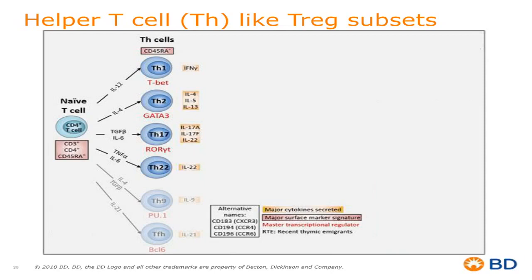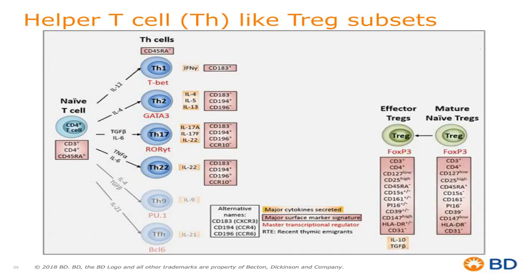And interestingly, there's corresponding T regulatory subsets. So we have various markers that define those T helper cells, and you'll notice the CD183, 194, 196, those are actually a part of my homing panel. When I look at my mature and effector T regs, you can see that there are changes in expression.